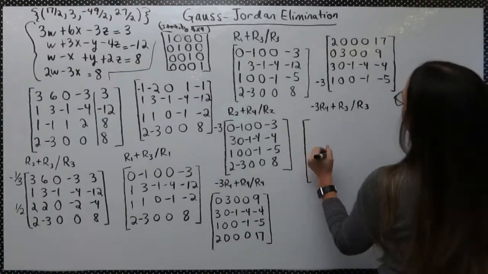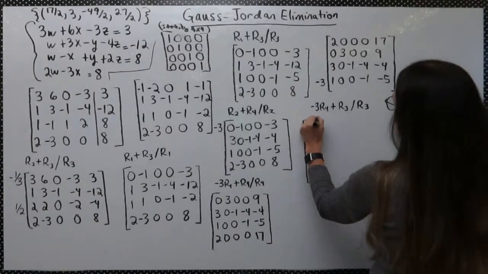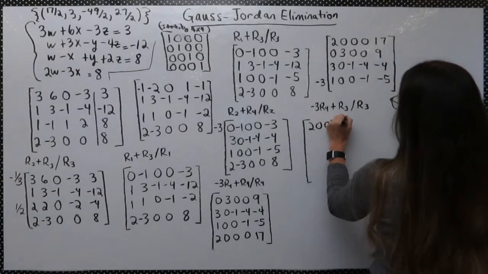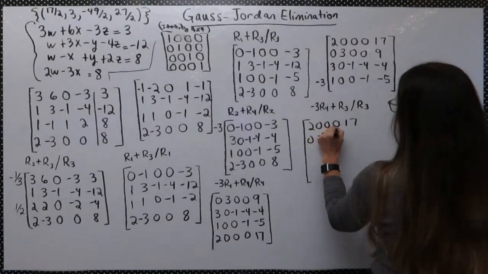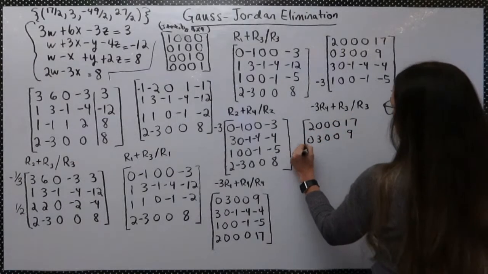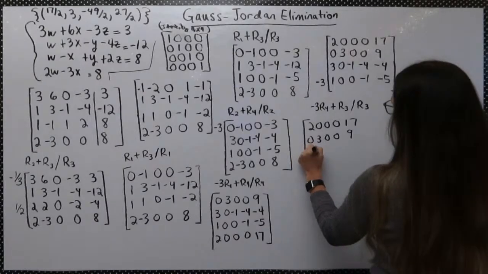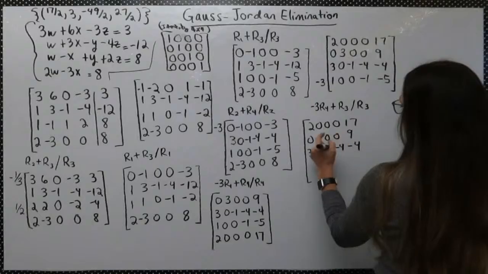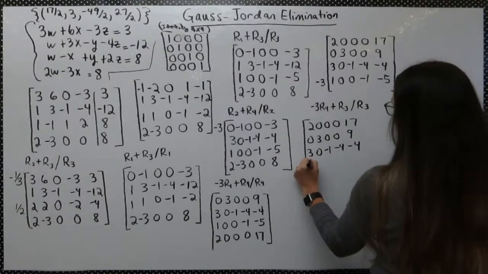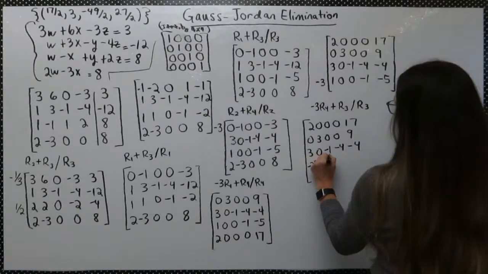Do that. So we've got 2, 0, 0, 0, 17, 0, 3, 0, 0, 9, 3, 0, -1, -4, -4. And then we'll have -3, 0, 0, 3.